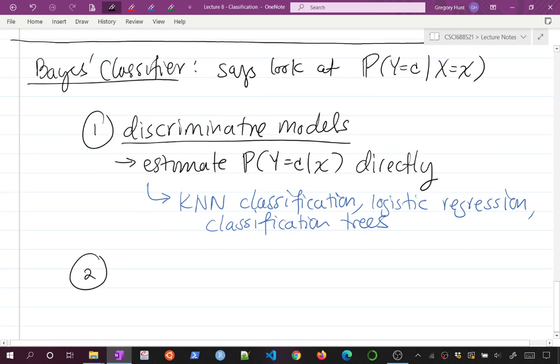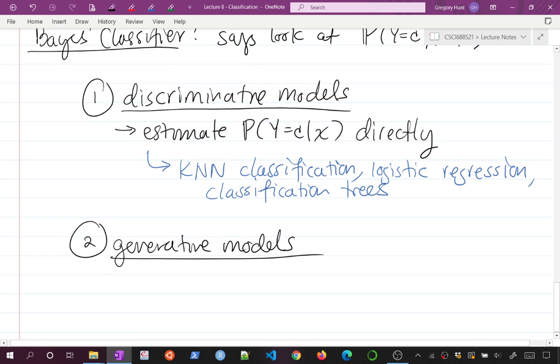The second general type of models are called generative models. And generative models just abuse Bayes' rule. So what does Bayes' rule say?